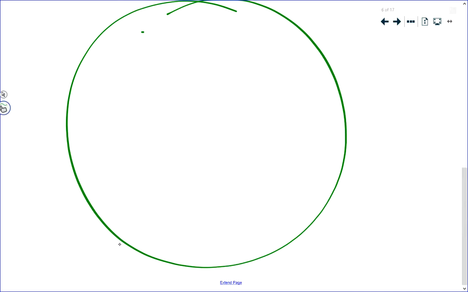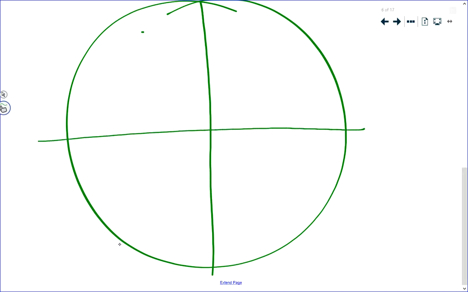Looks like a peach. It's got a little dimple at the top, but that's okay. We are looking for where cosine of theta, which is the x-coordinate, is 1 over root 2, or where cosine of theta is equal to negative 1 over root 2.